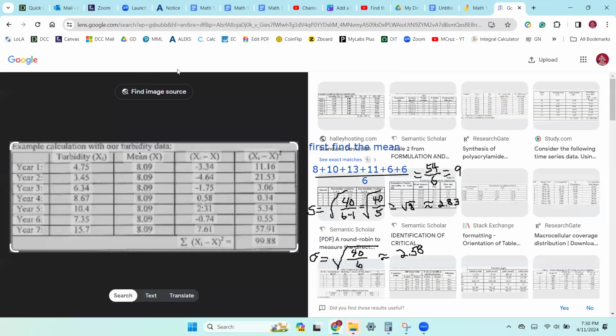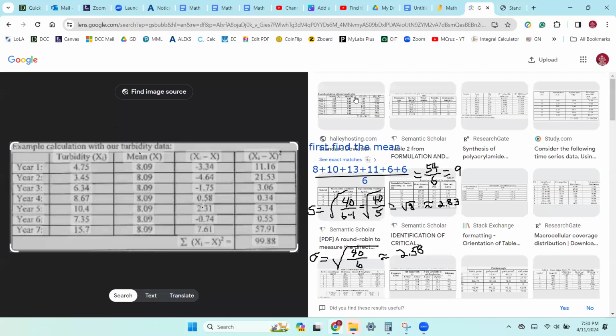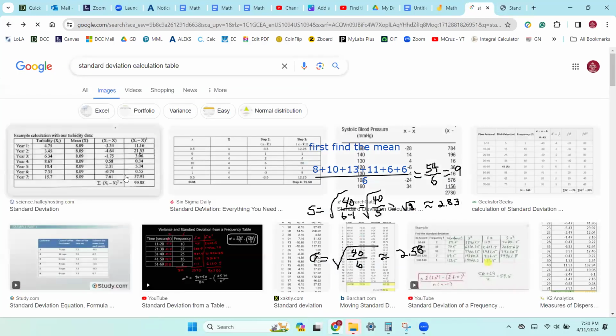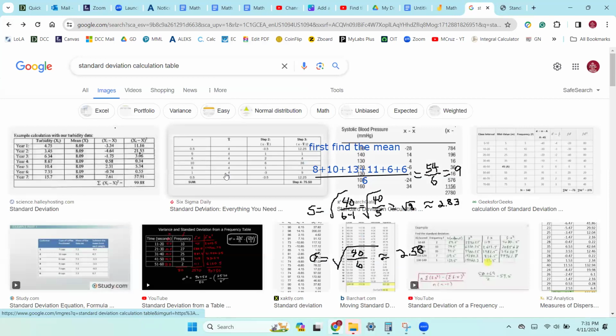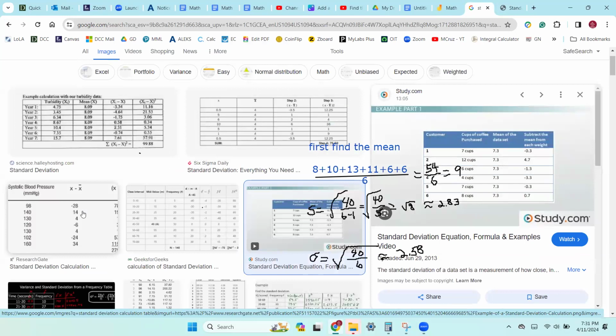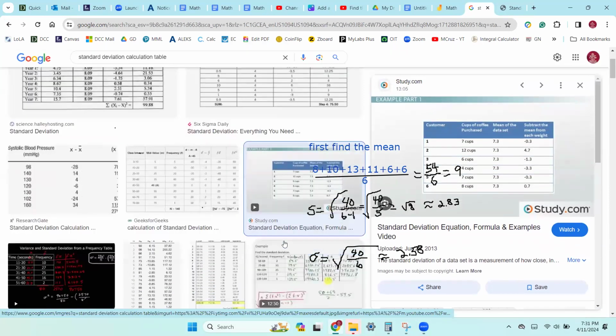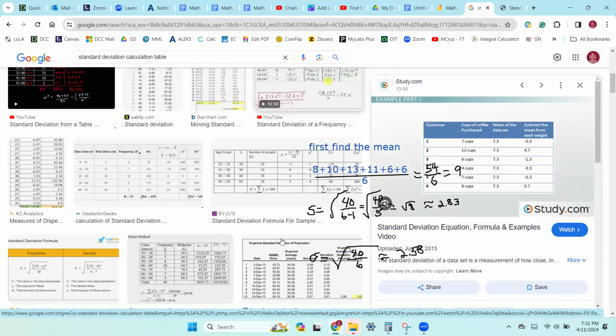Let's see if we can find a good one. Yeah, that was too complicated. There we go. I'm trying to find one that looks very simple, to show you the process.